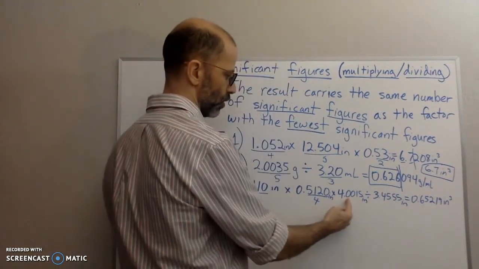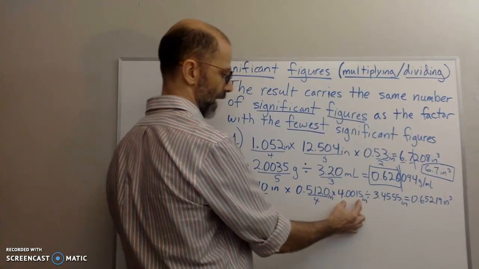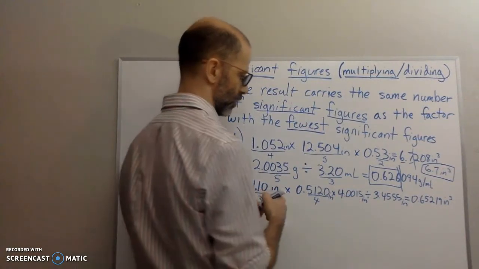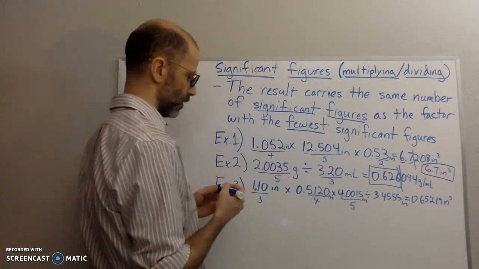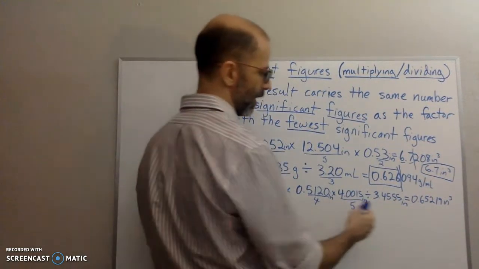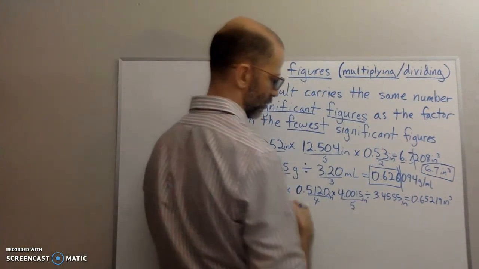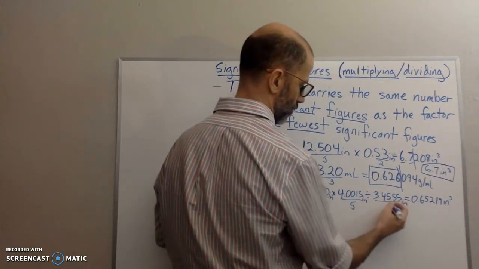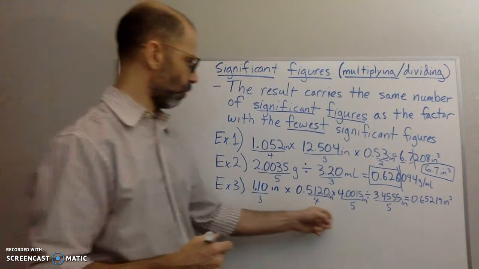Here we have 2 zeros in the middle, so they're sandwiched by 2 non-zero numbers, so those are significant. So this one is going to have 5 significant figures. And finally, we have no zeros here, so this is easy. All of those digits are significant, so we have 5 there too. So 3, 4, 5, 5.